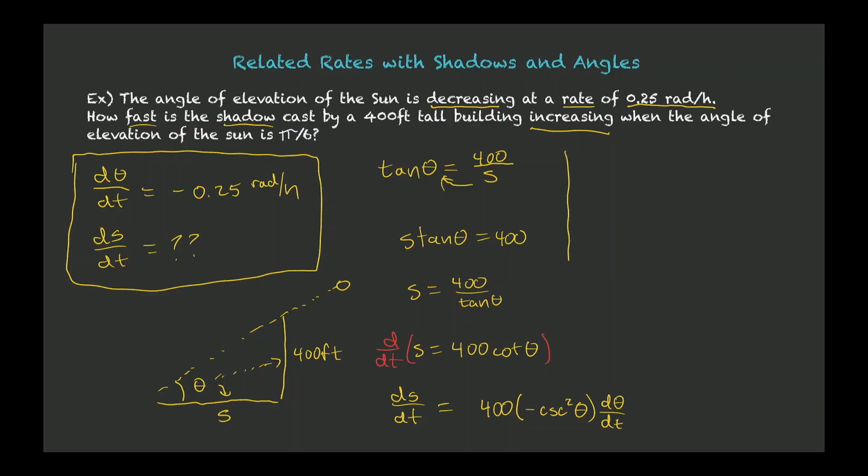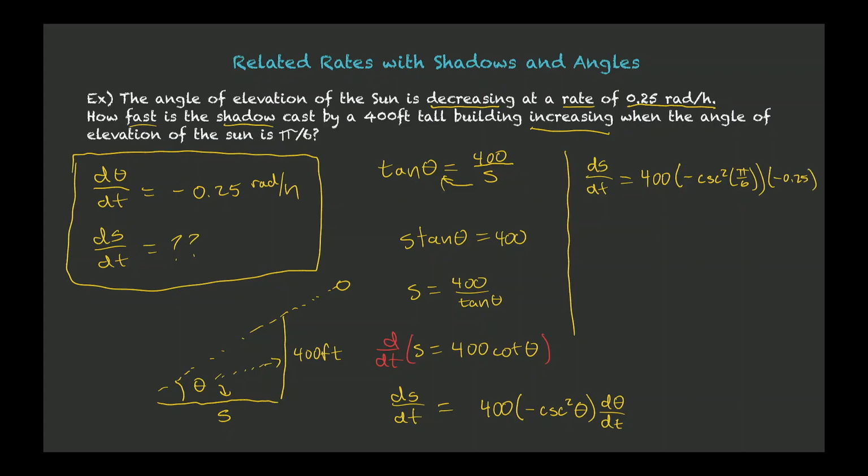So in this case, it's asking for ds/dt, and we've already solved for ds/dt. And we're just going to plug in the given information. So 400 times negative cosecant squared of the angle, which is pi over 6. And then d theta/dt is the negative 0.25 radians per hour that we were given at the beginning.